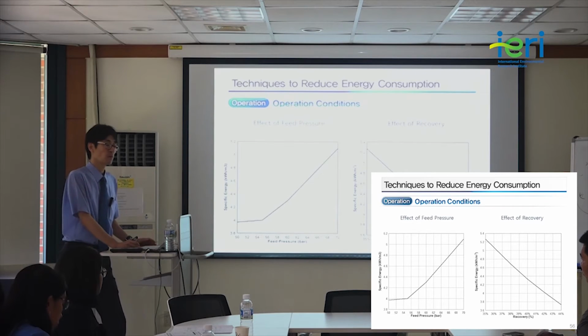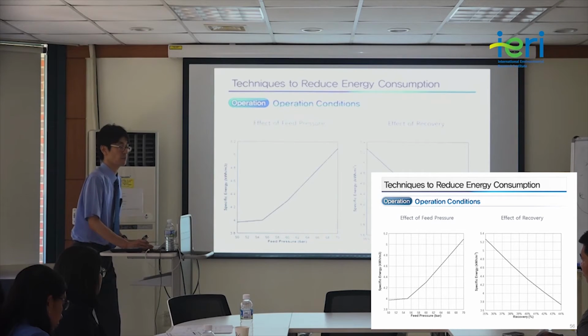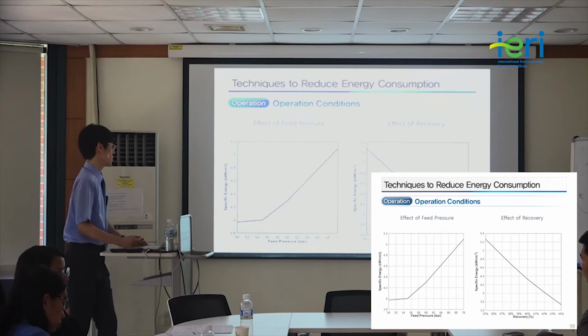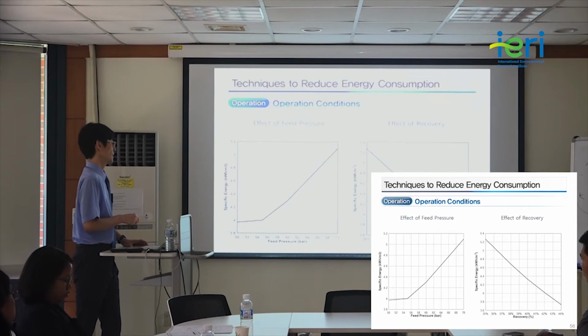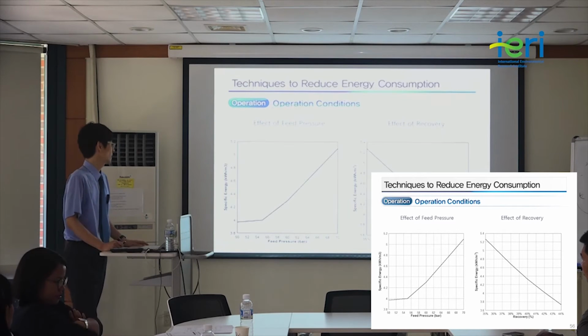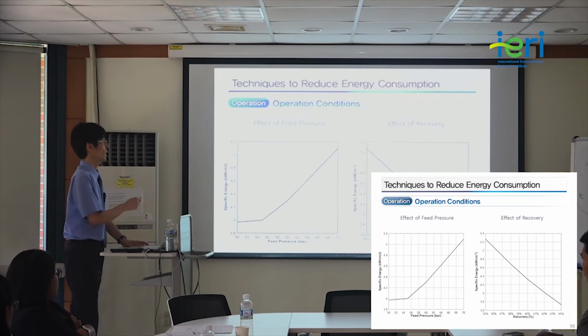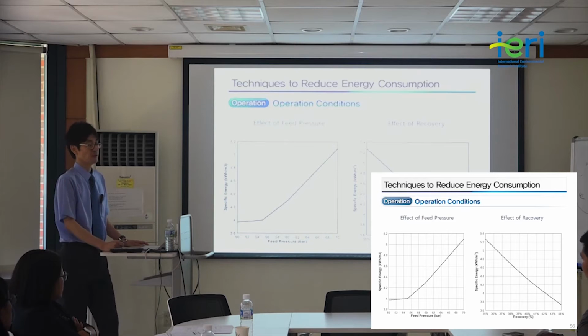In order to operate the desalination plant, we have to apply pressure, but you can adjust the pressure from, let's say, 50 bar to 70 bar, and you see how much energy consumption will be obtained depending on this applied pressure.